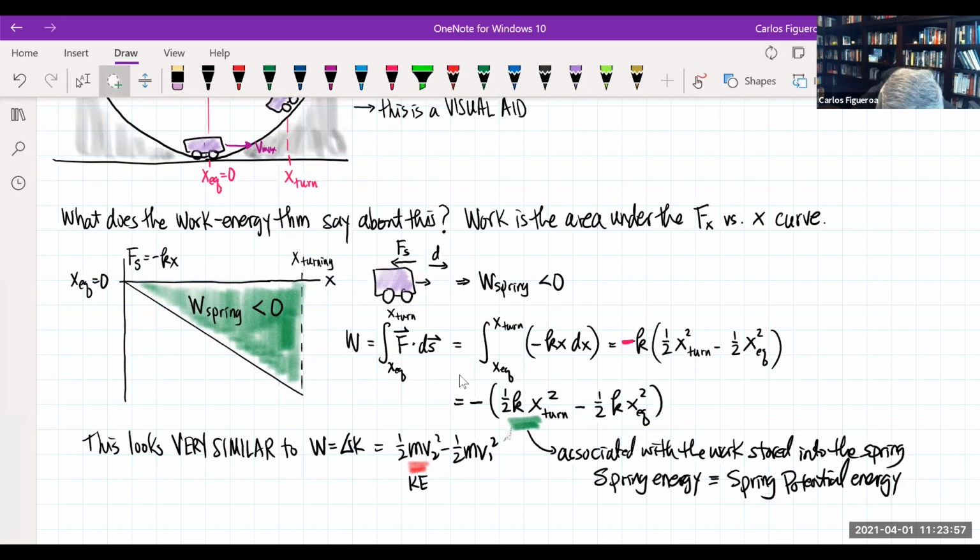But what I want to show you is that there is a big difference. Okay? There is a really big difference. And believe it or not, the big difference is that this is a plus sign. This is a negative sign.